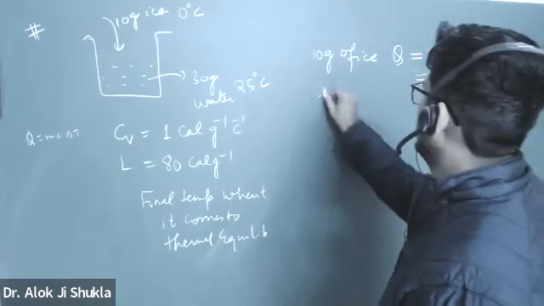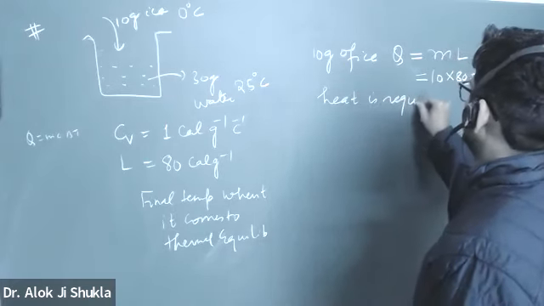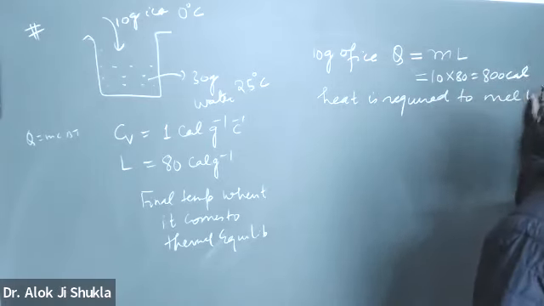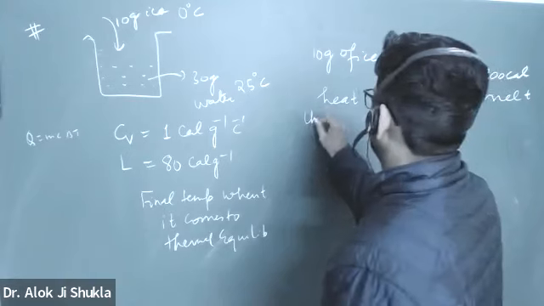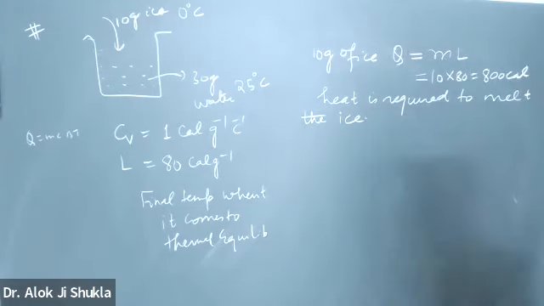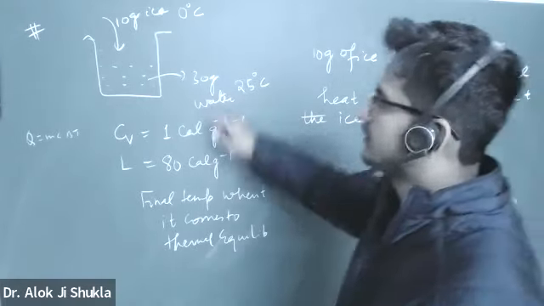800 calorie heat is required to melt the ice. Now from where is this heat going to come? This is going to come through water.